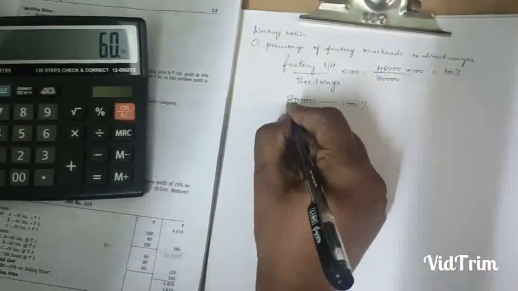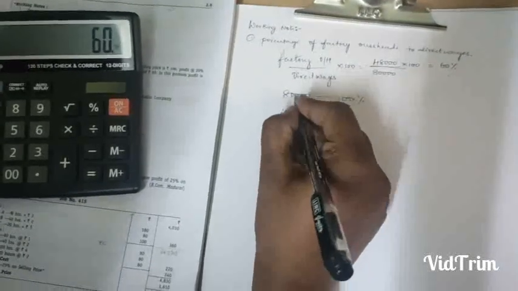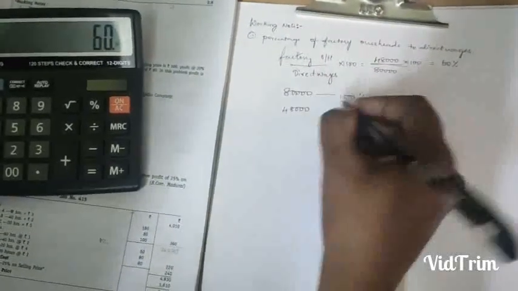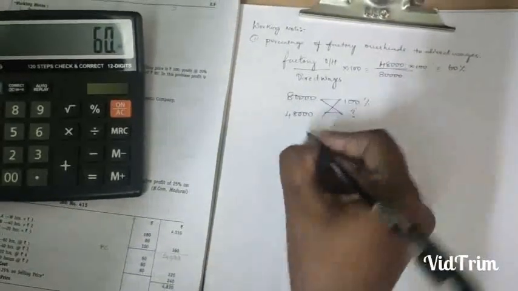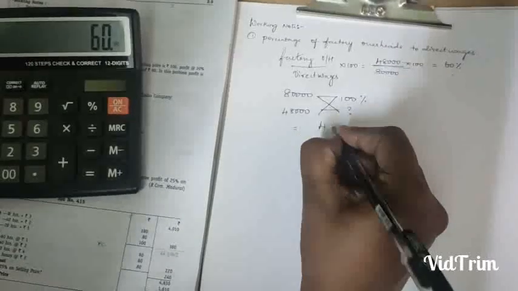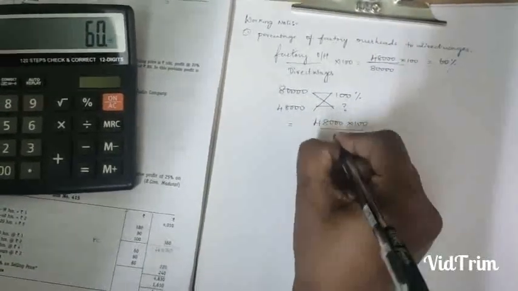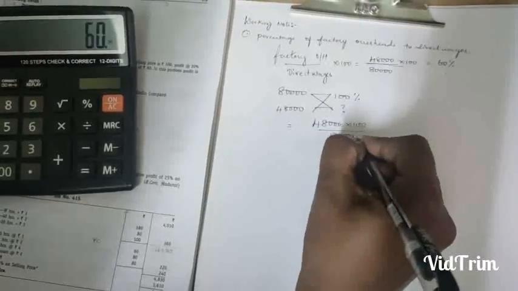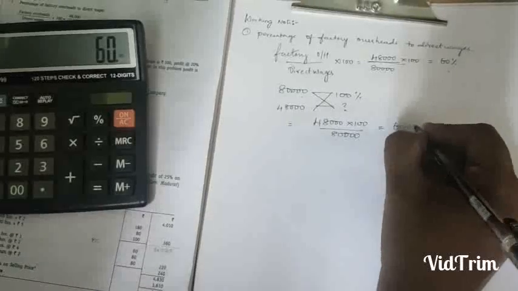Last year 80,000 were direct wages, and 48,000 was an amount derived from 80,000. For that, the percentage is not known, so you will cross multiply. When you cross multiply, it is 48,000 into 100 divided by 80,000, which is equal to 60%.